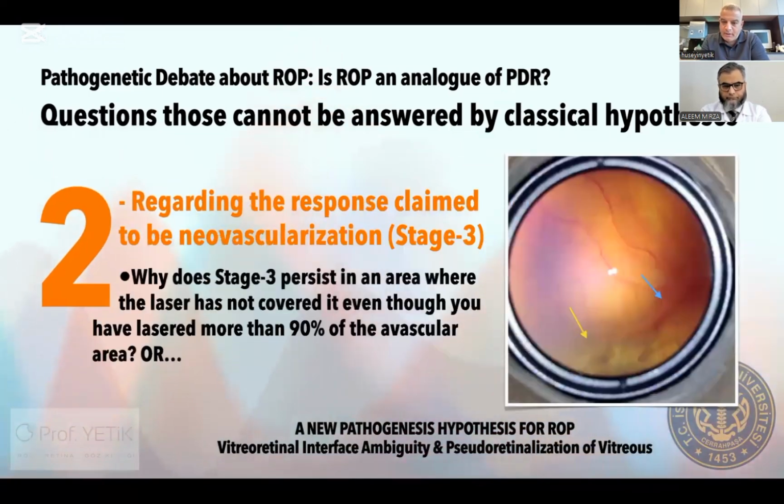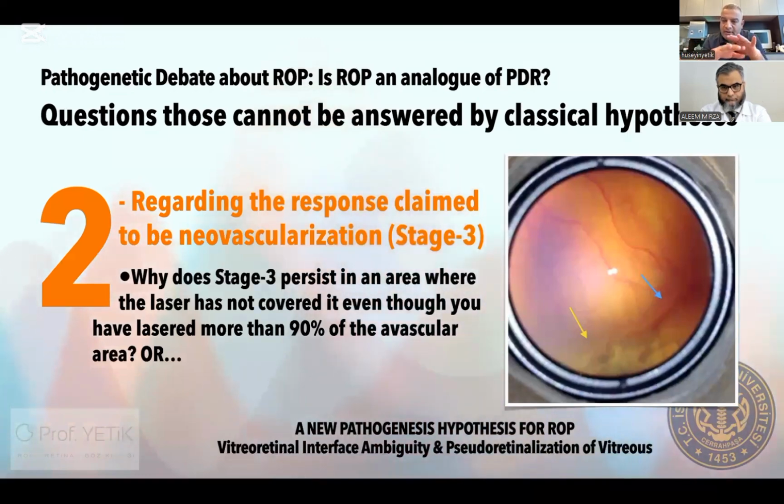And why, if we leave a very small area without laser treatment, can the disease not regress? If we close the stage 3 with laser spots, the disease can disappear.